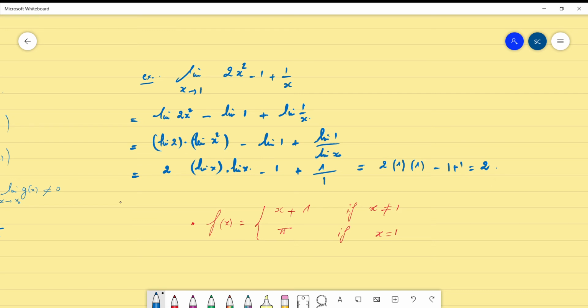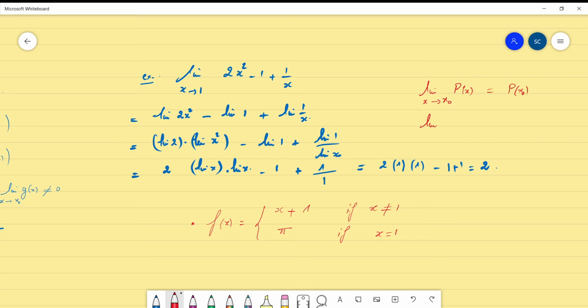And more generally, we have this property, which is always true: the limit of a polynomial p of x as x approaches x0 will be p of x0, like you are substituting the value.